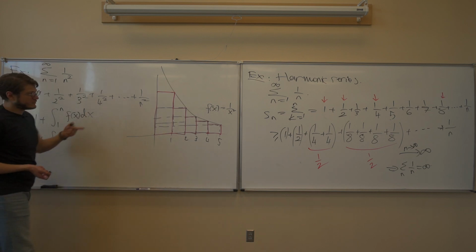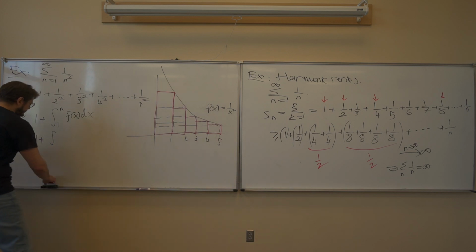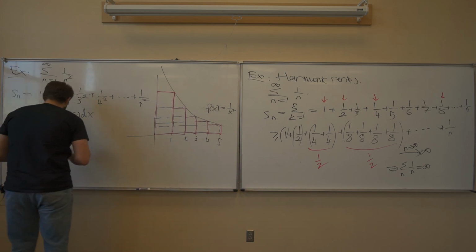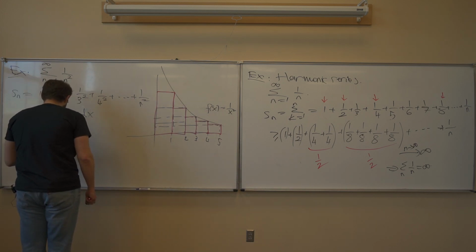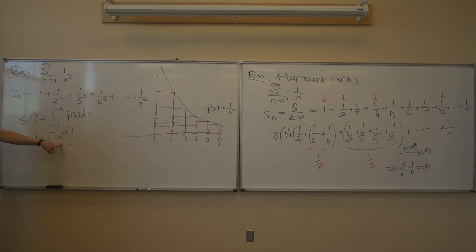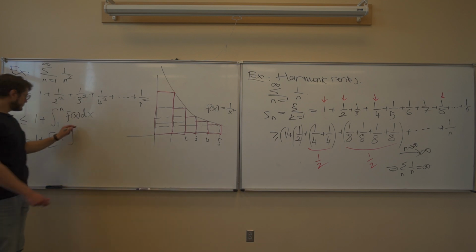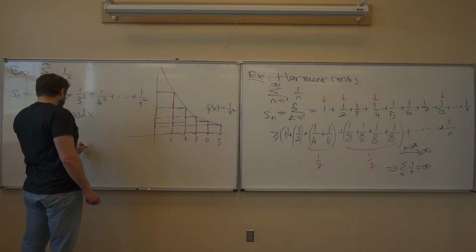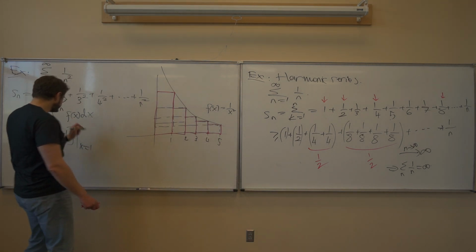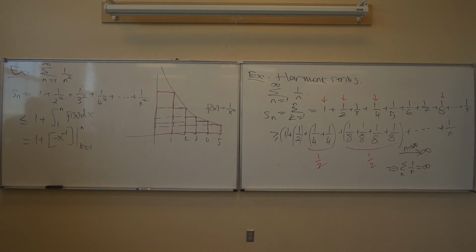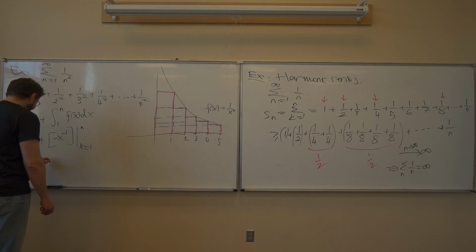So f of x is 1 over x squared, and an antiderivative of it I can compute, right? If I were to differentiate this, it gives me x to the minus 2, which is f. So this is an antiderivative. And then the fundamental theorem says I can just evaluate this at the endpoints. 1 plus, now what is this?